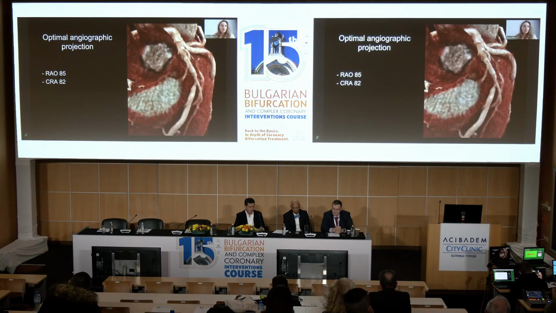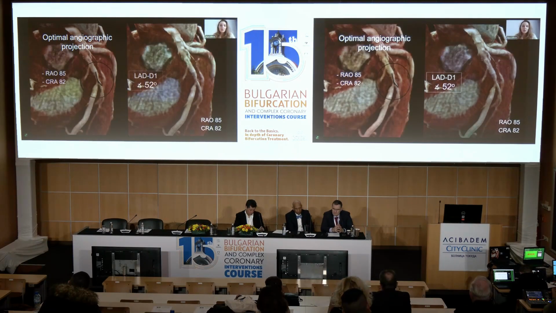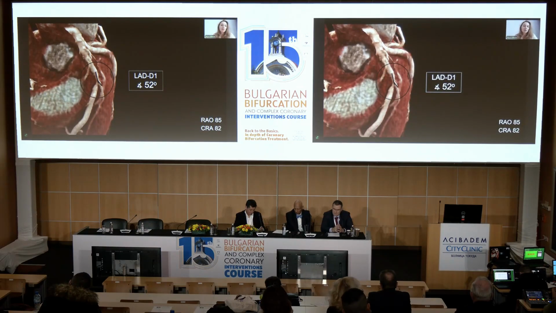Again here, the angulation that we found as optimal from the CT was impossible to perform in the cath lab, but we wanted to look very detailedly at our bifurcation. And we measured the angulation between the LAD and D1 of 52 degrees.